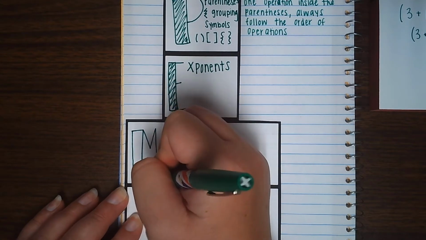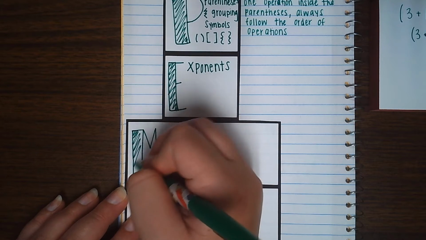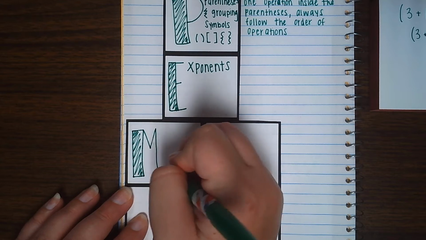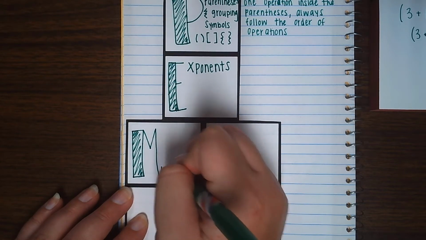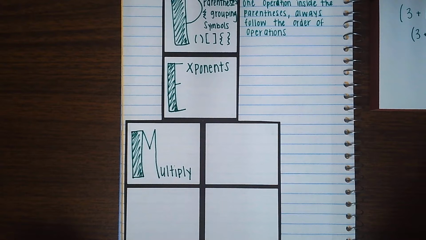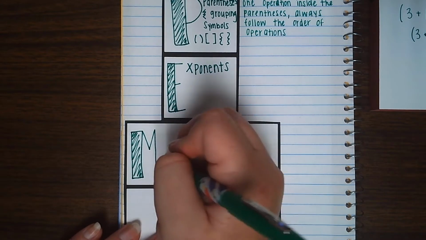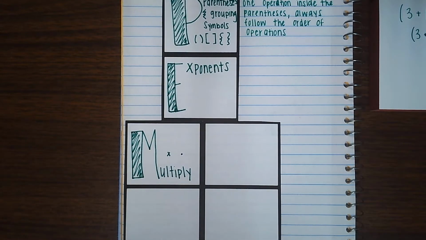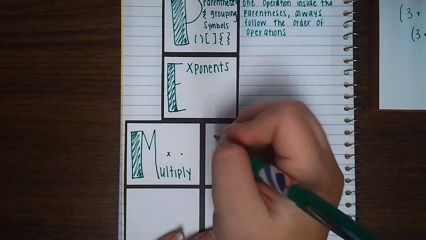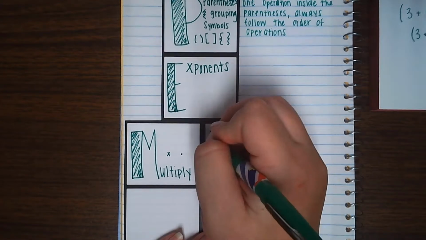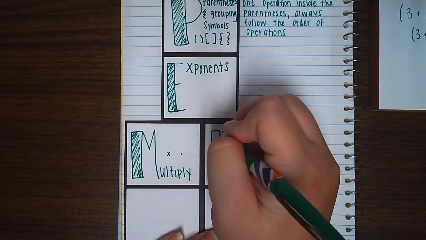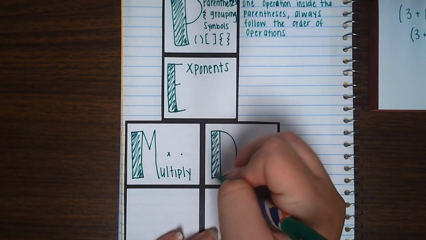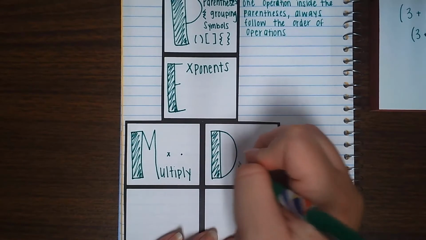This M stands for multiply. That is symbolized by sometimes a little X or a dot. And next is a D, which stands for divide.